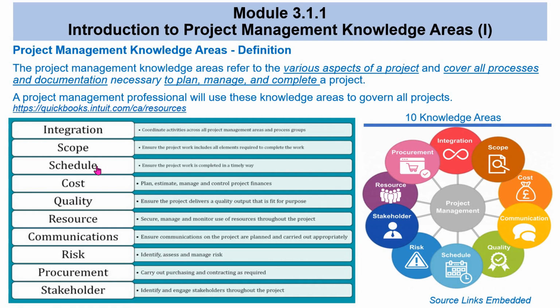But this is to give you an idea that when you think about project management and the skills you need within each phase, as you progress from initiating, planning, all the way to closure, you need to think about them: integration, where you coordinate your activities, down to stakeholder management, where you engage your stakeholders.